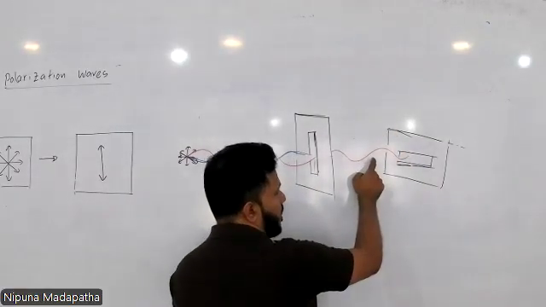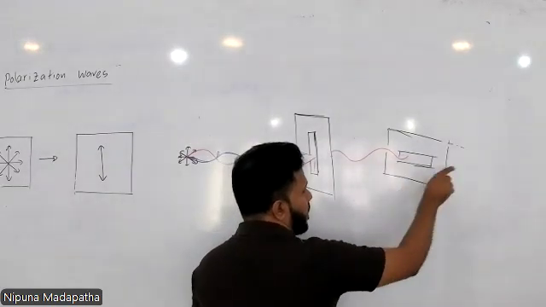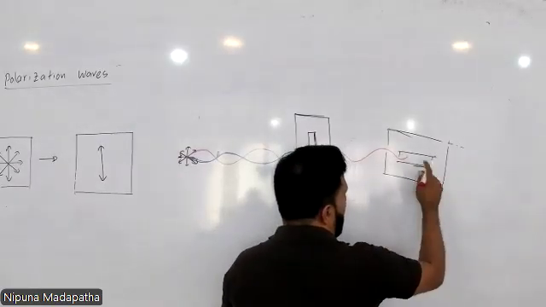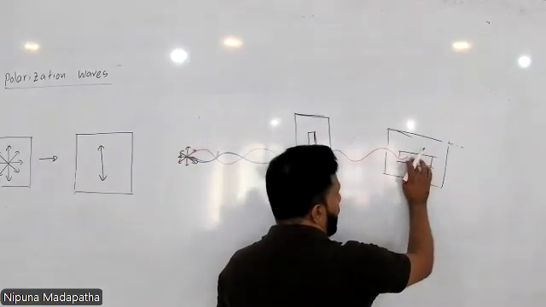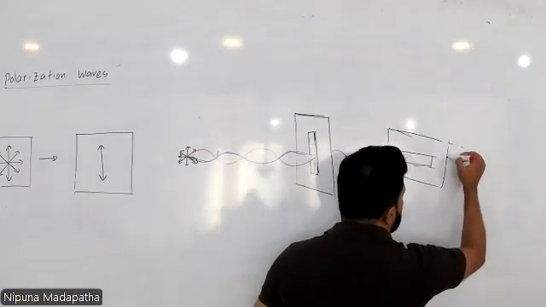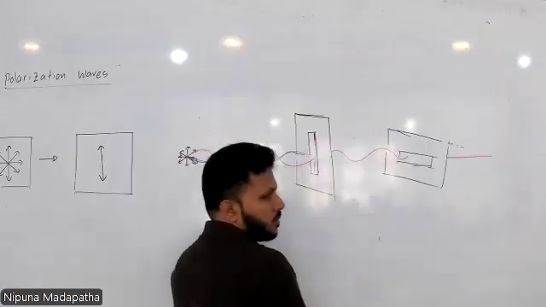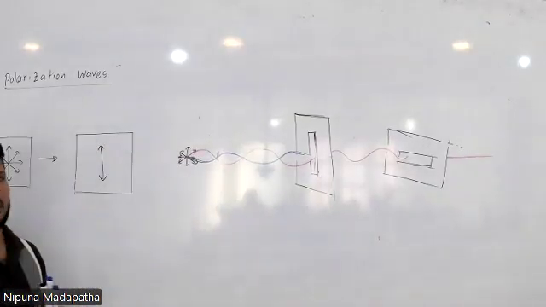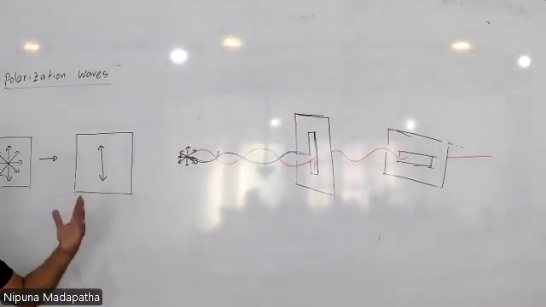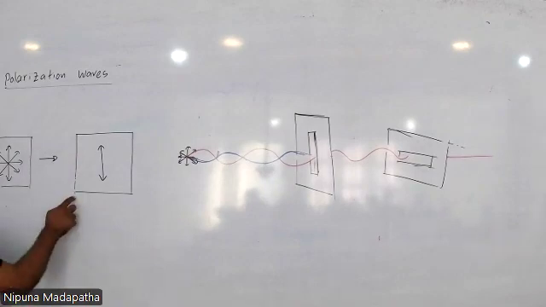If this end of the string is passing through a horizontal slit, after it passes this slit there is no vibration going further, right? The vertical oscillation is totally blocked, so it is totally polarized. Right? So this is the process we call polarization.